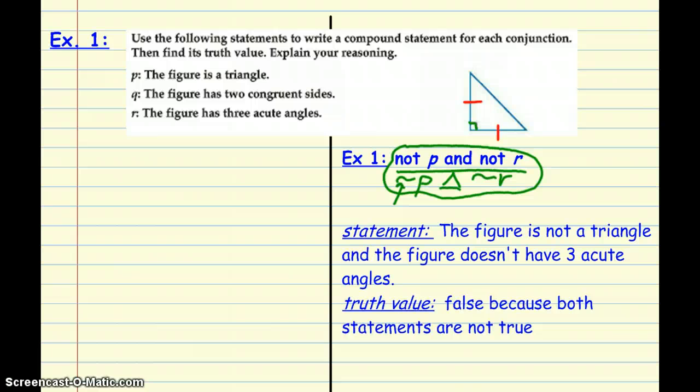Again, that's because R says it does have 3 acute angles, so we want the one that's not. In this case, the truth value is false. It's false because both statements are not true. In order for this to be a true statement, both have to be true, because we're using the and, not the or.